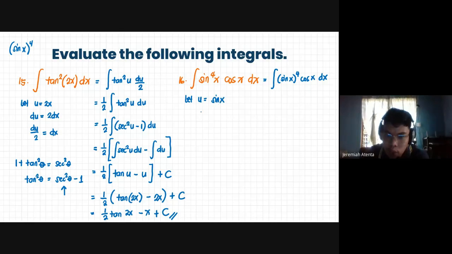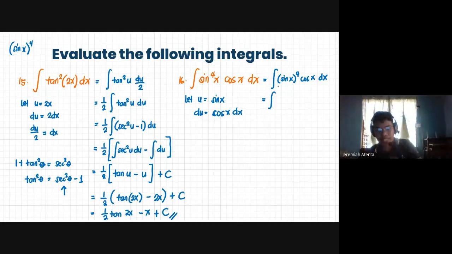Then du is equal to the derivative of sine, which is cosine x dx. So we now have the integral of u to the power of 4, and cosine x dx is just du.